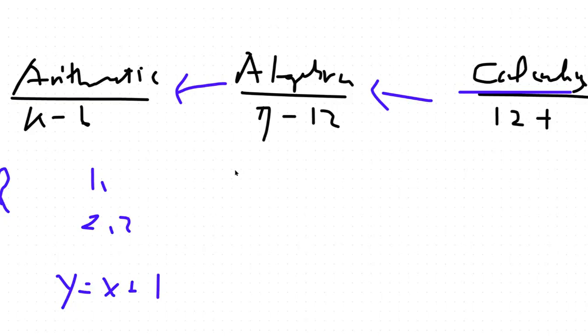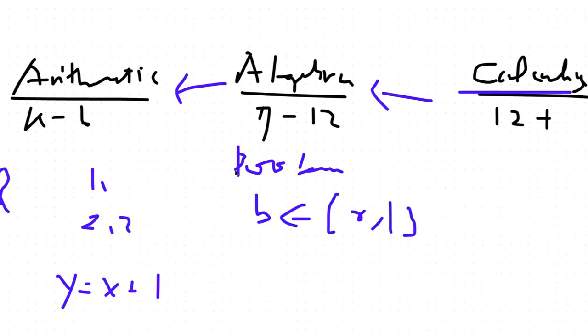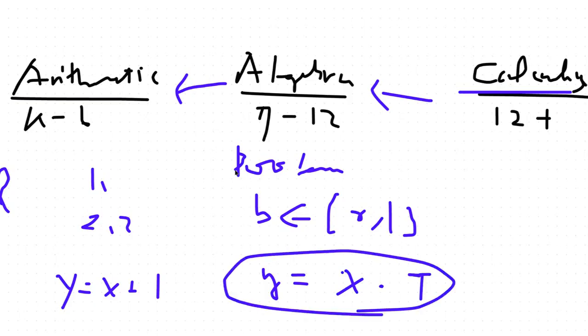And then when we talk about Boolean algebra, Boolean algebra is talking about a Boolean variable b that belongs to 0 or 1, true or false. The only two values, but these two values also hold y equals x and true. This relationship using a variable defined in the Boolean domain, we call it Boolean algebra.